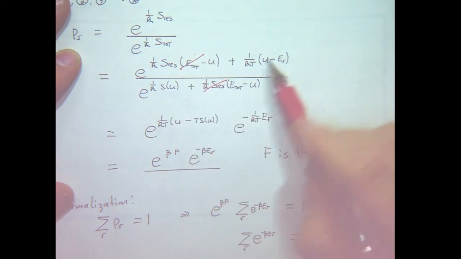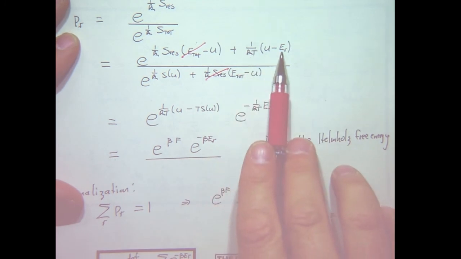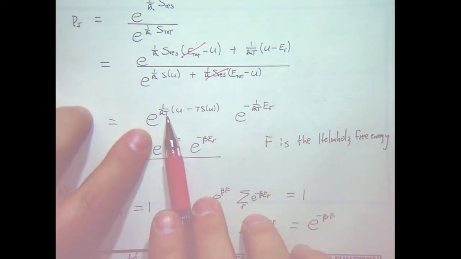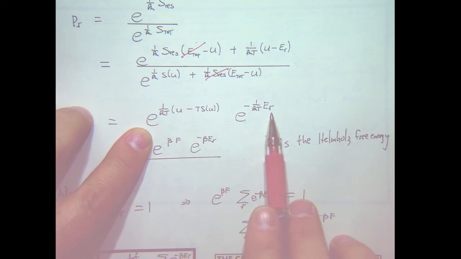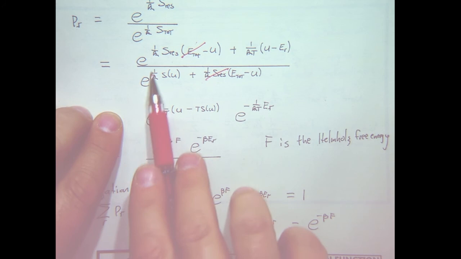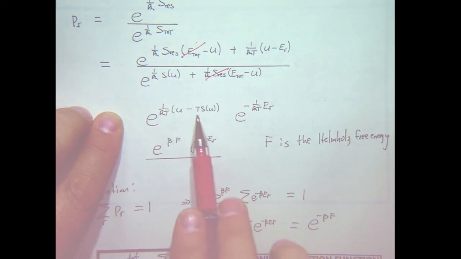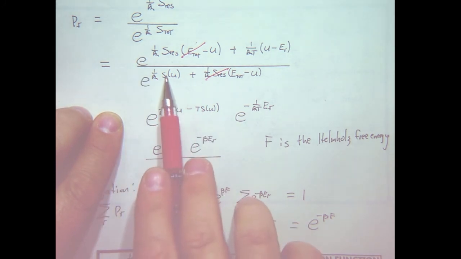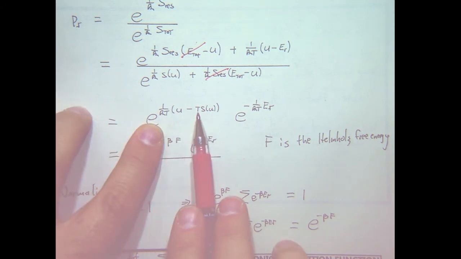Now all you're left with is e to the 1 over kT times U minus E_R. And here, taking that up to the numerator, e to the minus S of U on k, and we take out a T there, and you've got to multiply that by a T.